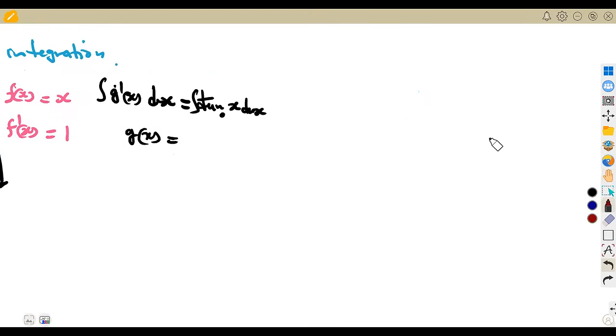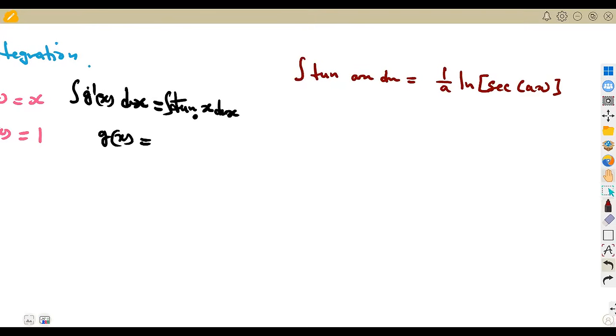You see that the integral of tan ax dx is equal to 1 over a, then ln sec of ax, plus the constant of integration.